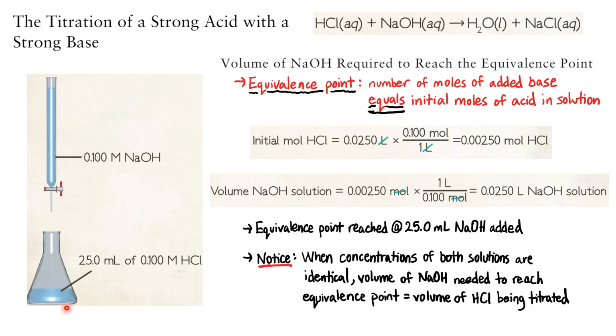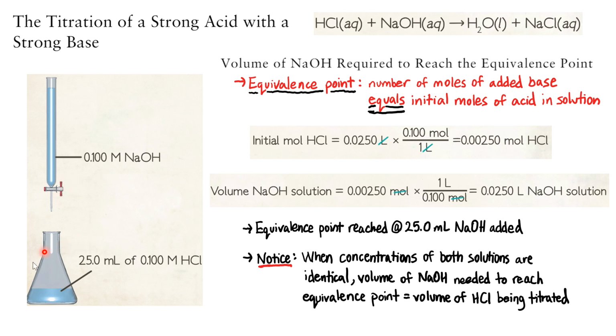So we talked about what happens when you titrate a strong acid with a strong base. We talked about the equivalence point, and we went deep into what that is and how we can calculate it. So notice the situation.